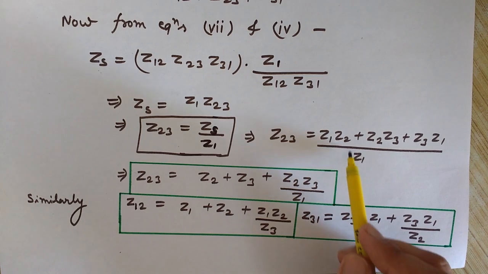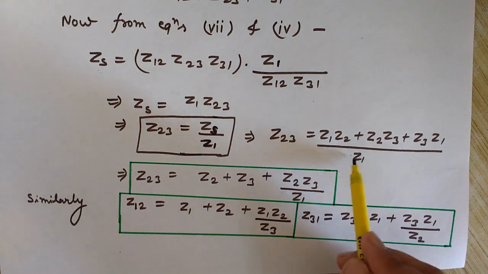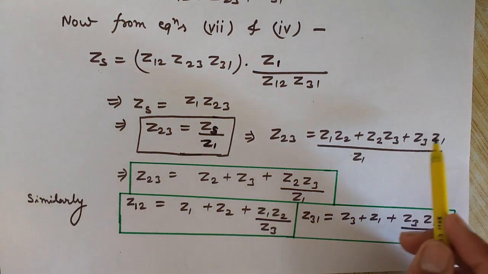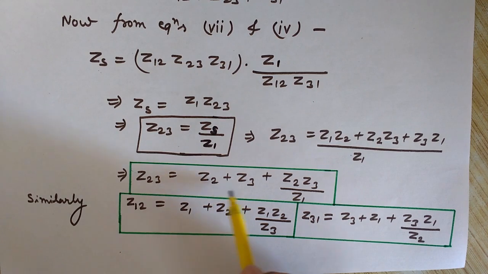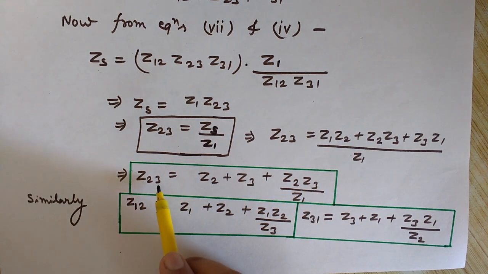If you further calculate it, then you will get that this Z23 can be simplified to Z2 plus Z3. Okay, this Z1 cancels out from these parts, so Z2 plus Z3 plus Z2 Z3 by Z1. This is the Z23. So in this way we calculated Z23 of the delta network.